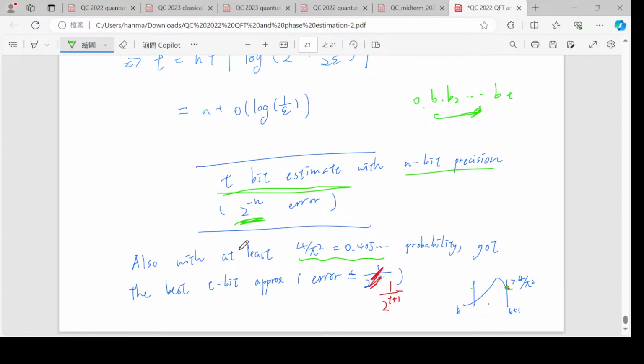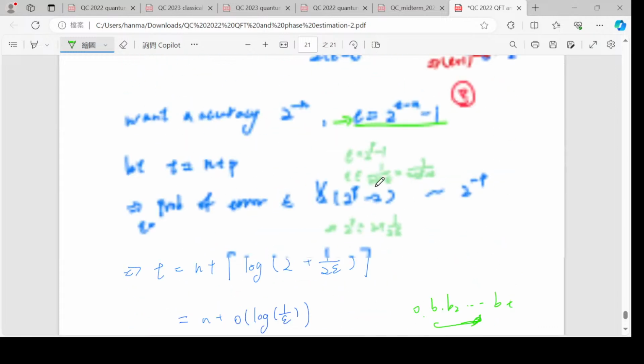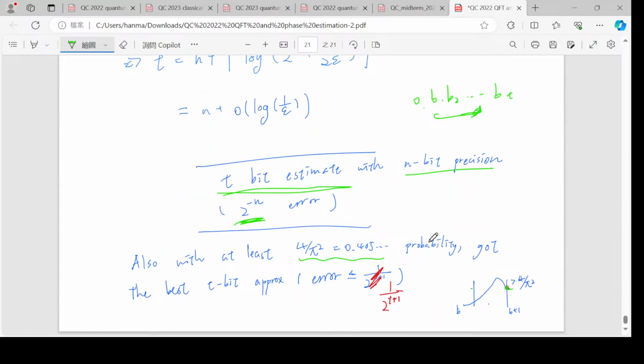And so you are all over time, but actually there is another estimation that gives a better result. So if you don't need epsilon error, you just want a constant success probability, then there is another estimation, still the same thing, right? You have t bits, and so you have this 1 over 2 to the t precision. You can actually bound that this 1 over 2 to the t precision has a very high probability to be correct.